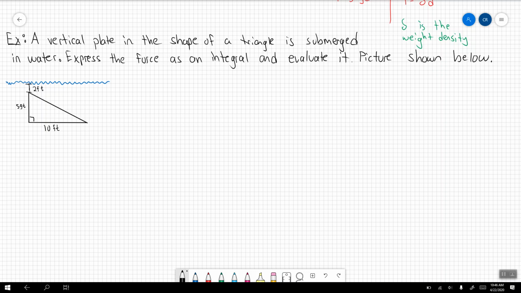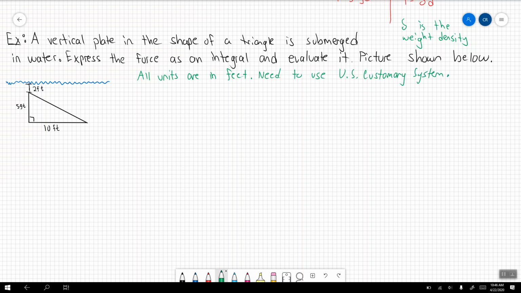The very first thing I want to observe is that they're giving me all of my units in feet. Because all units are in feet, this tells me that I need to use the U.S. customary system.